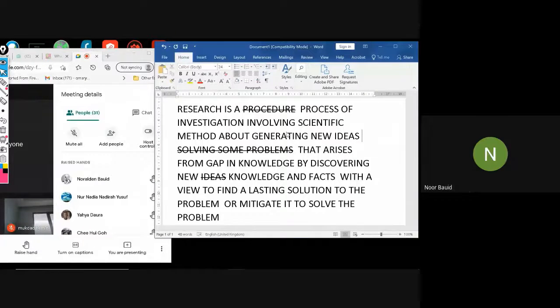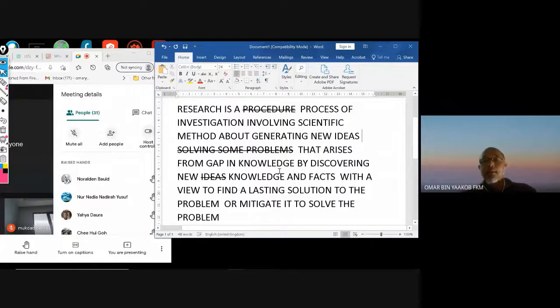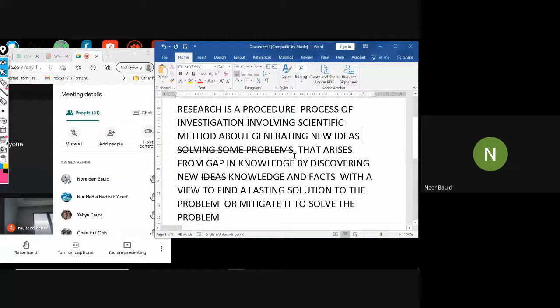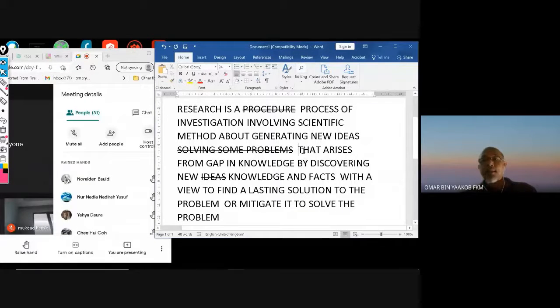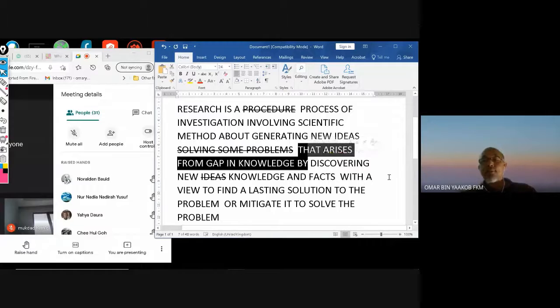But when you say that arises from gap in knowledge, that means you are doing the research based on previous research or previous problem. So maybe about generating new ideas by discovering new knowledge and facts. Oh, okay. So this one you are also saying it should be deleted. Okay, this is your suggestion.